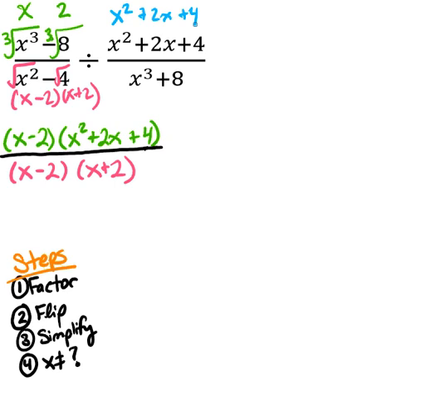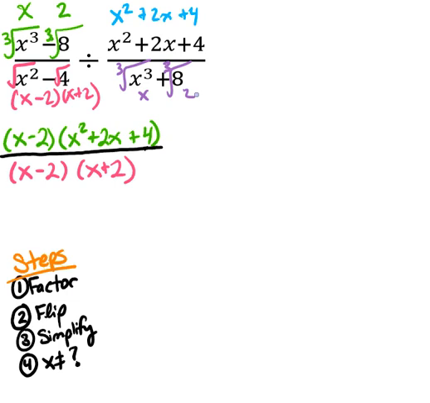All right, and then we need to factor our denominator from the second fraction. So this one looks a lot like the numerator from our first fraction, except it has a plus sign. So we can use this as the sum of cubes. So when we take the cube roots, we again end up with an x and with a 2. And we'll use our sum of cubes to write our factors here.